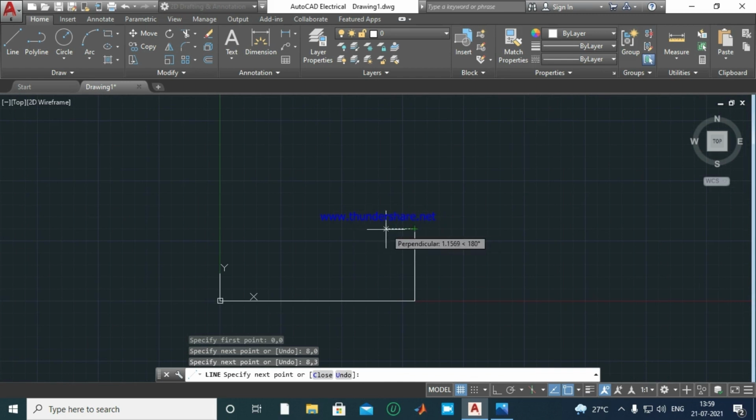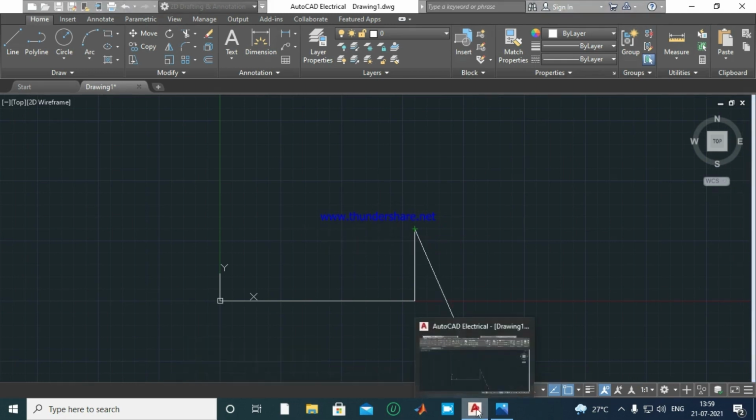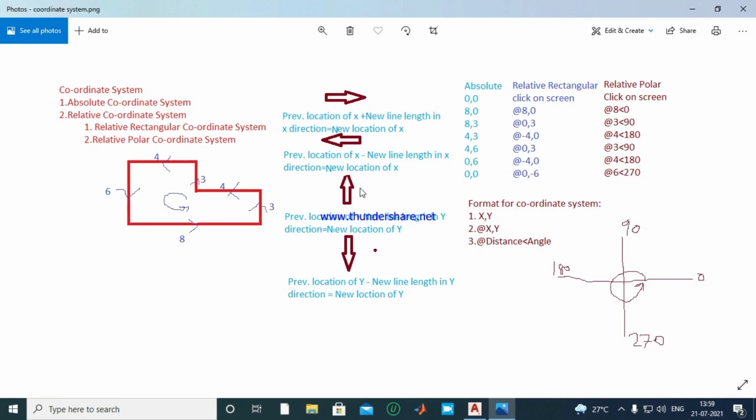Now we need to draw the line in this direction, in the backward direction. For drawing the object in the backward direction, the value of x is calculated as the previous location of x minus the new length of the line in the x direction, which gives the new location of x.